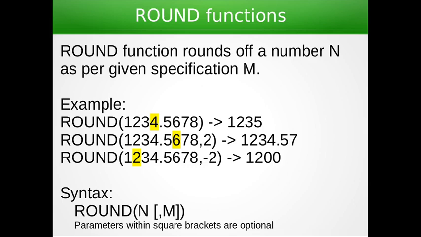So we will see the highlighted digit 2 and the number will be rounded off to 1200. So the syntax here we are following round n comma m. M is written within square brackets because here the second argument m is optional, right?